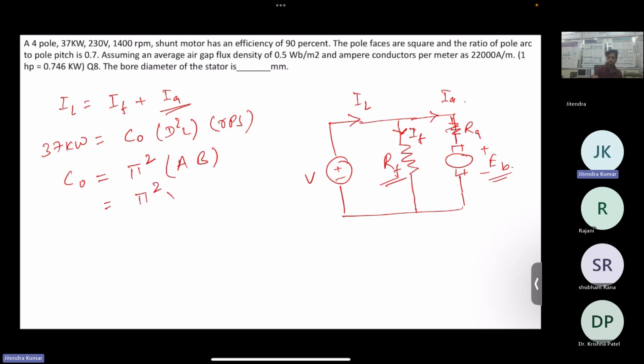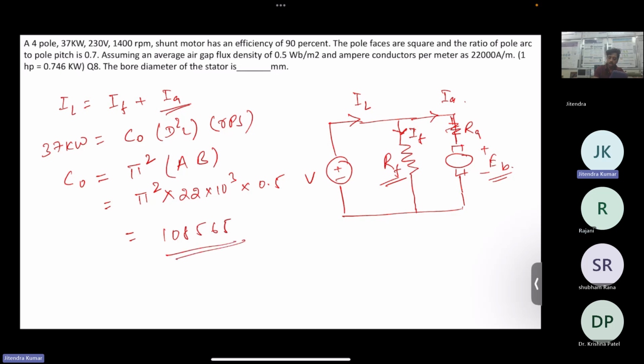So pi square into electric loading, which is 22,000, and magnetic loading is 0.5. You can calculate this value. C naught comes out to be 1,08,565. Exactly. Okay, so that is your C naught value.